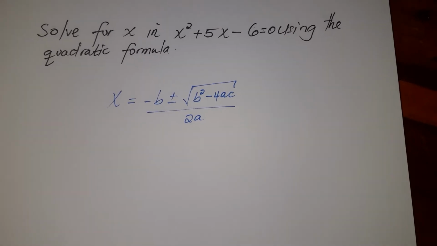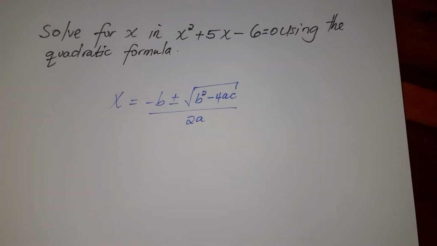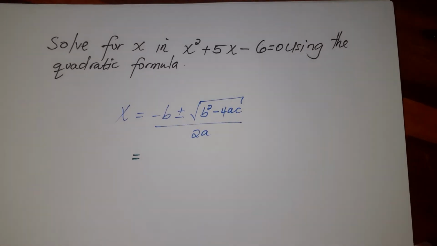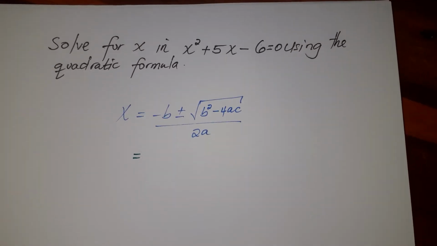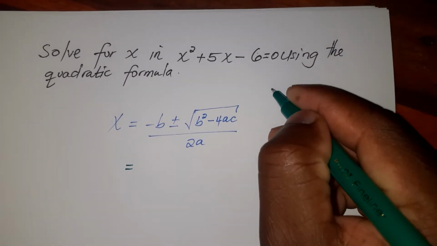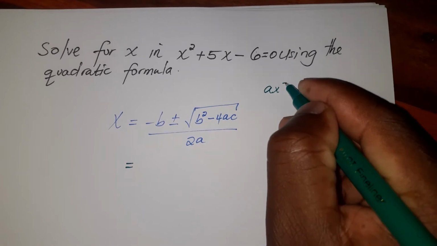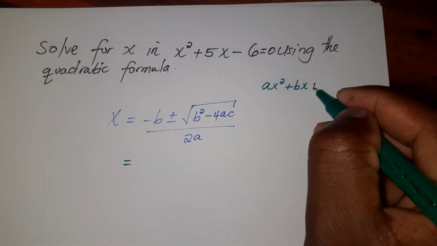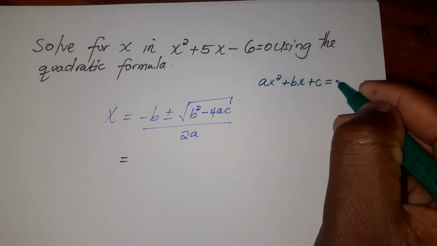Now in this formula, we need to recall the general quadratic equation: ax squared plus bx plus c equal to 0.